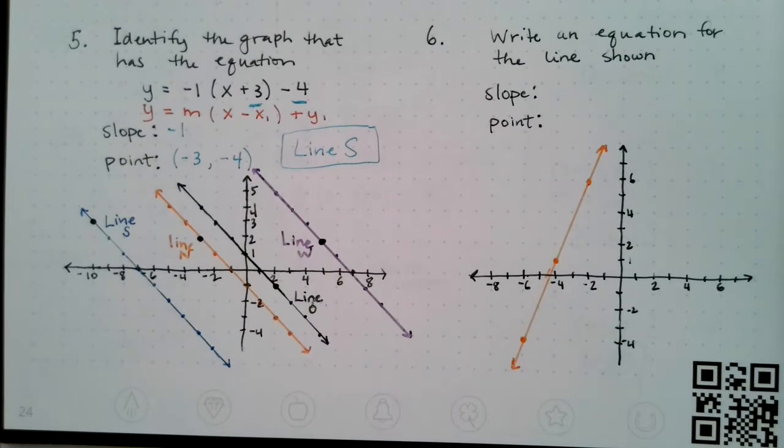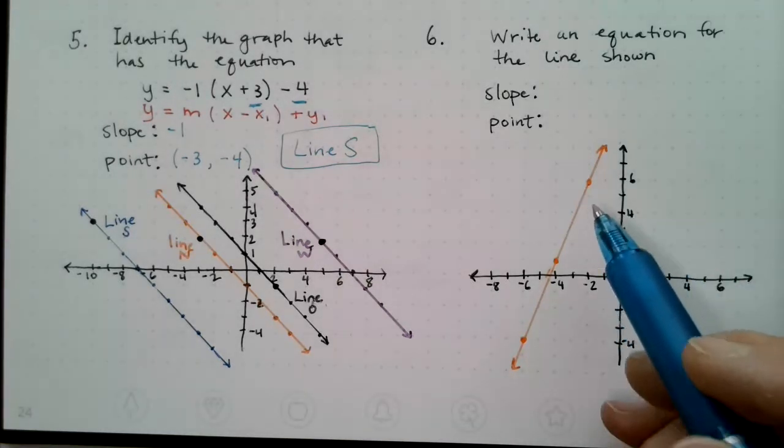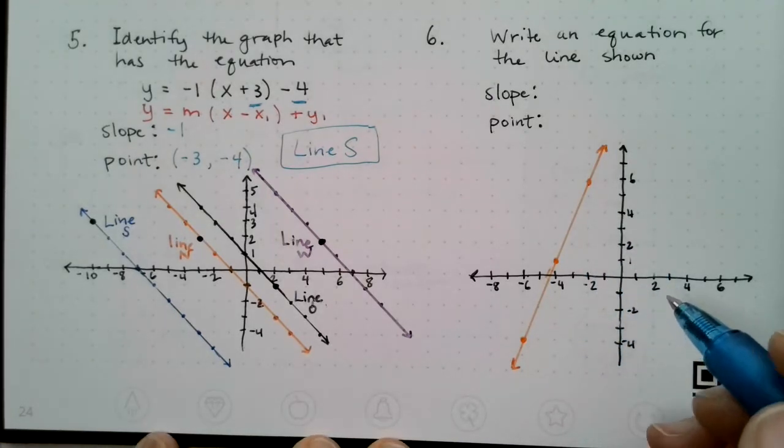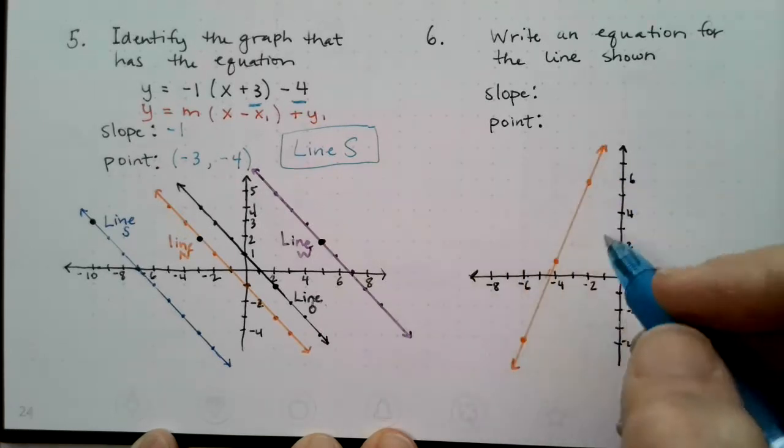And taking a look at number 6, we are looking at writing an equation for the line shown. So again, I'm going to still look for that same information of a slope and a point. And we have many points that we could look at here. Well, let's start with slope.